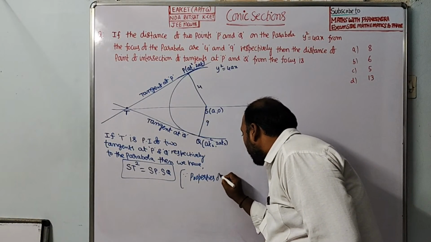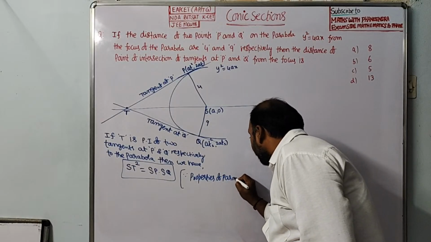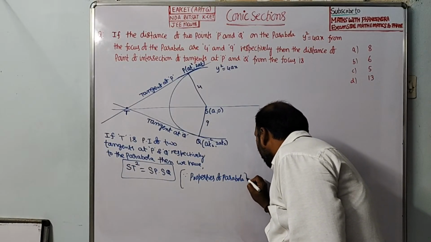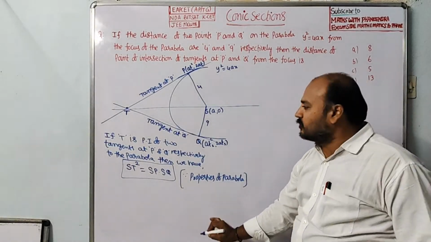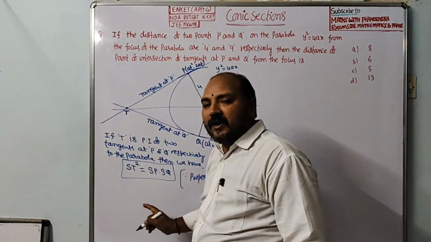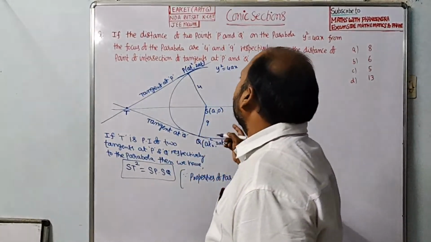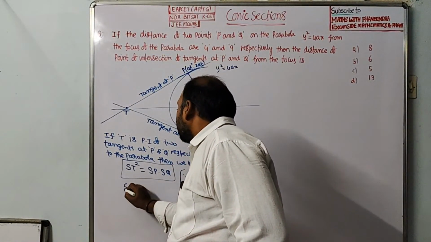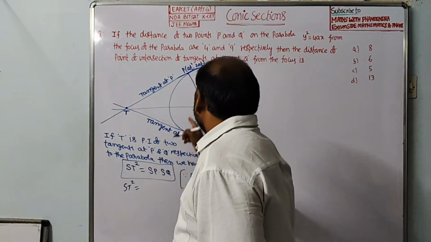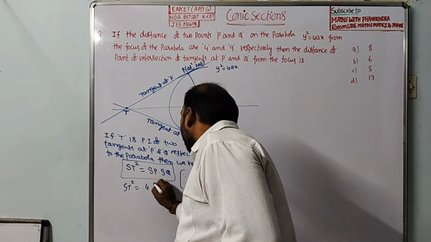Properties of parabola. So this property is important, dear students. If you know this property, you can do it in less than 1 minute. So ST square is equal to SP into SQ, which is 4 into 9.